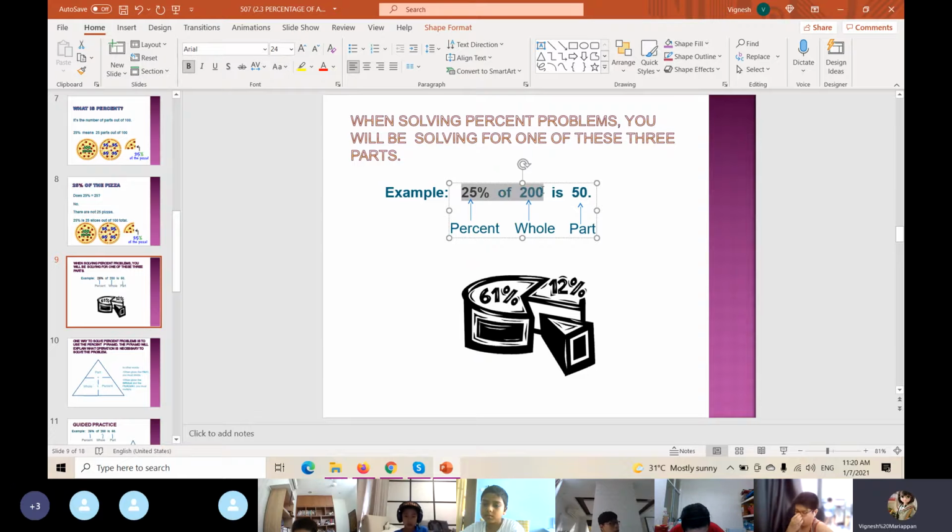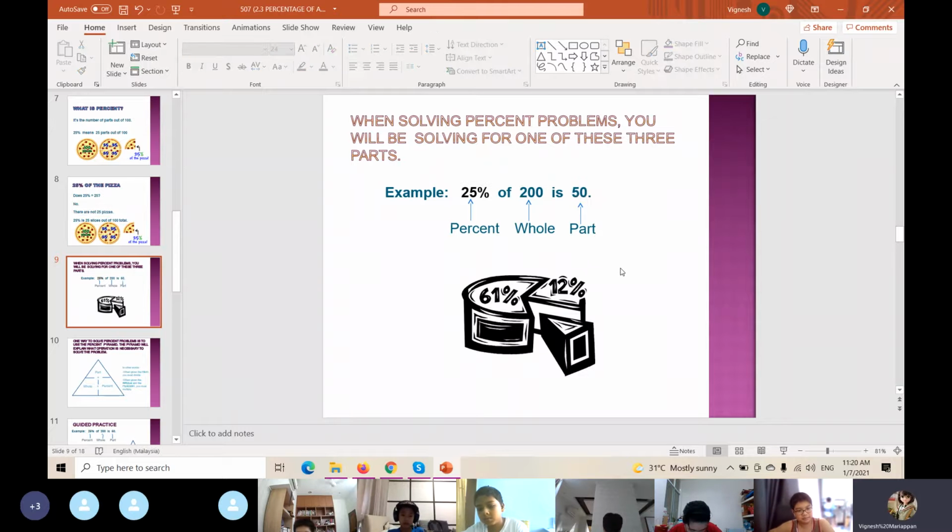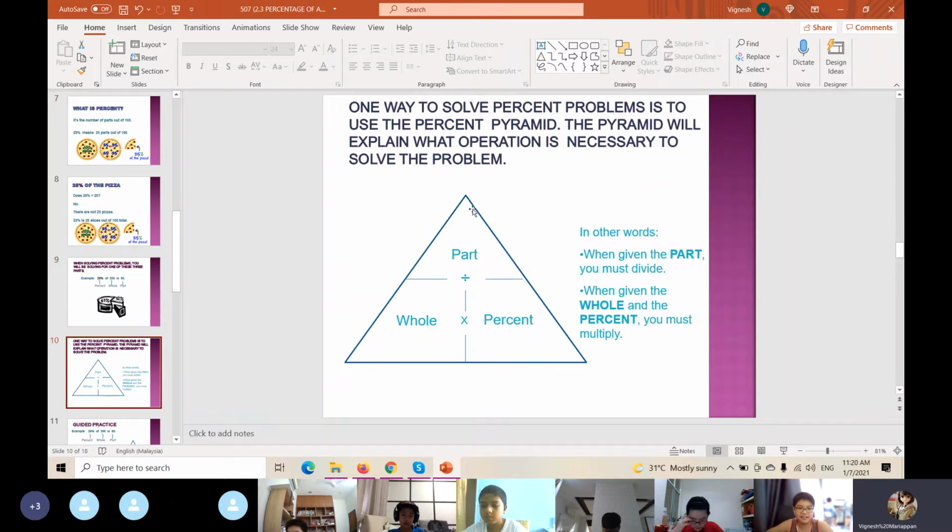Or else they will give the percentage and also the whole number, and you have to find the part. Or else they will give the percent and also the part, and you have to find the whole. That's why the teacher said please remember this pyramid is very, very important.